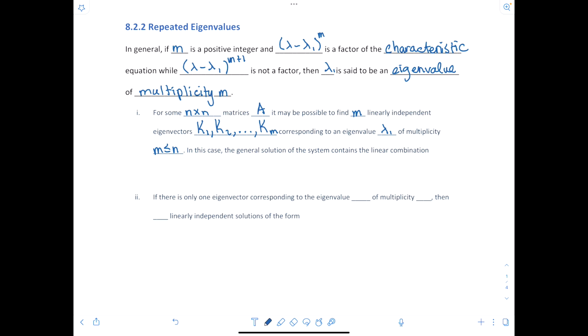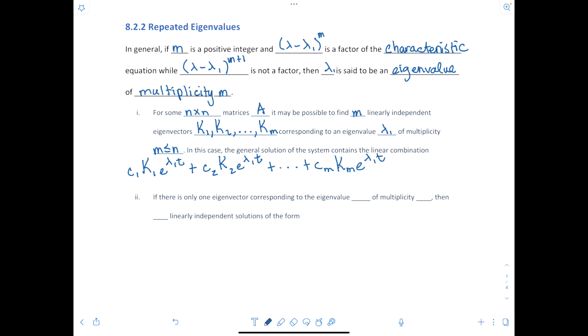In this case, the general solution of the system contains the linear combination C1 times capital K1 e to the lambda 1t plus C2 capital K2 e to the lambda 1t, and then you would just keep going until you got to Cm capital K sub m e to the lambda 1t.